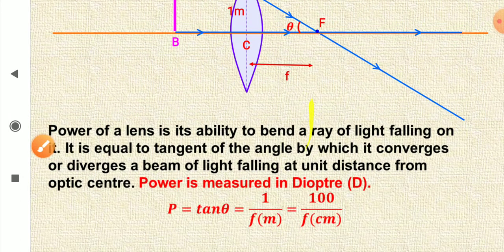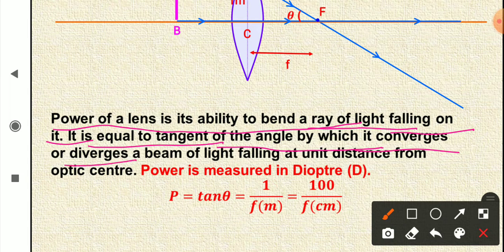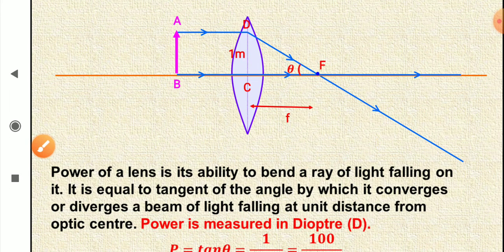So, power of a lens is its ability to bend a ray of light falling on it. It is equal to the tangent of the angle by which it converges or diverges a beam of light falling at unit distance from the optic center. Look at it.